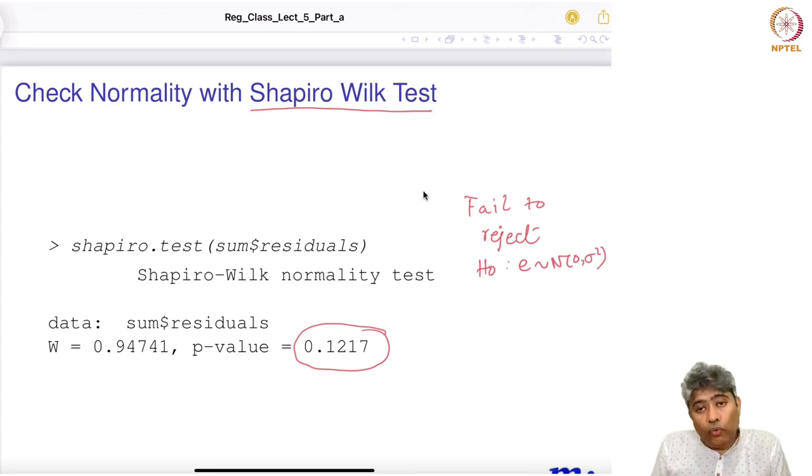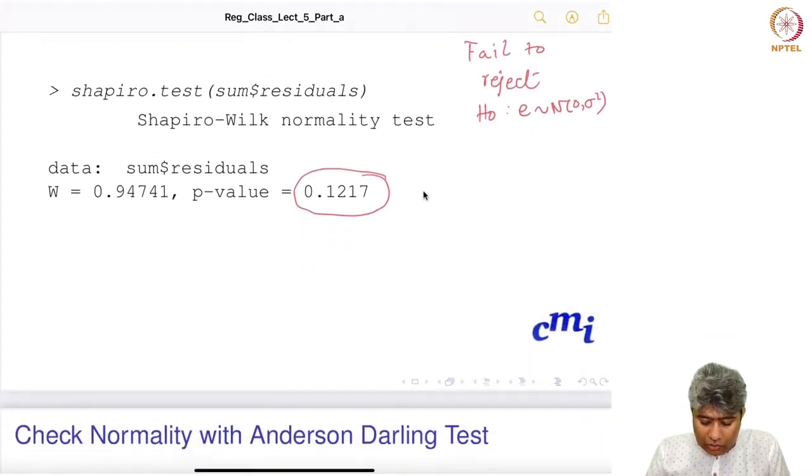That means it's saying that you can probably assume that they are normal. The Shapiro-Wilk test is a bit conservative in that sense in terms of rejecting the null. So there is a doubt.